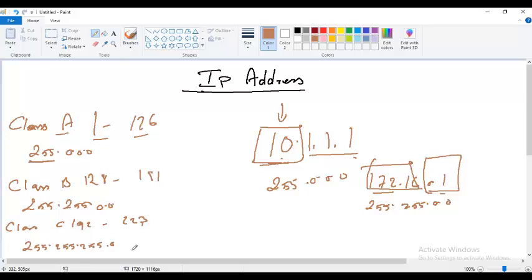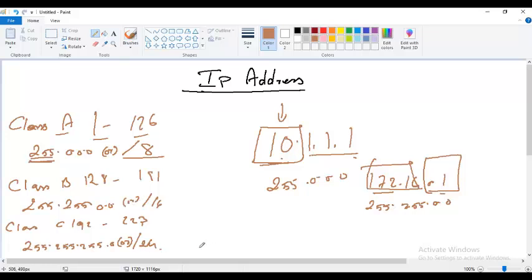Which can also be written like this, /8, /16, /24. You can write 255.255.255.0, or you can write saying 24 bits are for network. Here, how many bits are for network? Correct. So you can write 255.0.0.0, or you can also write /8, /16, /24.